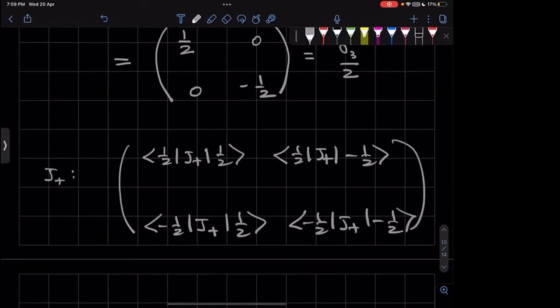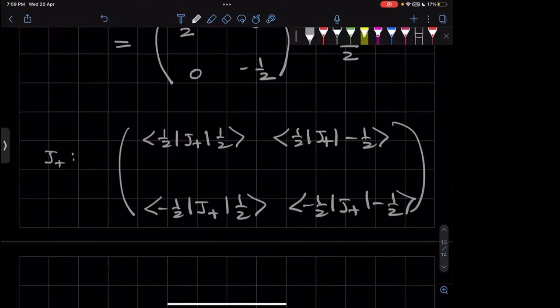Okay. Now here, J plus acting on this is going to give me something proportional to minus half, right? Which will be orthogonal to this thing. So this thing is going to give me 0.